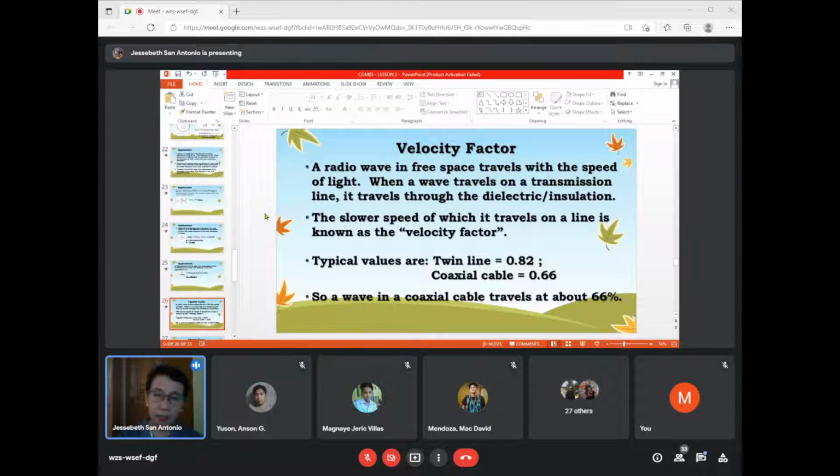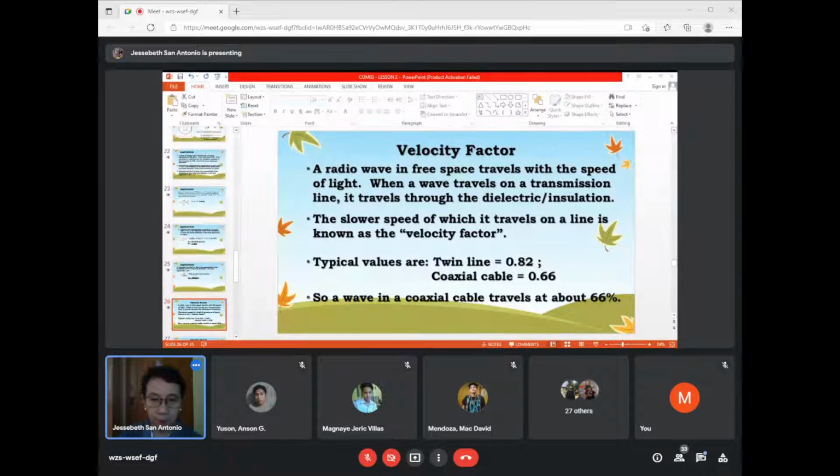Because guys, whenever a signal is propagating in free space, so outside, not outer space, okay? Just here in our surroundings, in our atmosphere. When the signal propagates in the atmosphere, it follows the speed of 3 times 10 to the 10th centimeters per second.